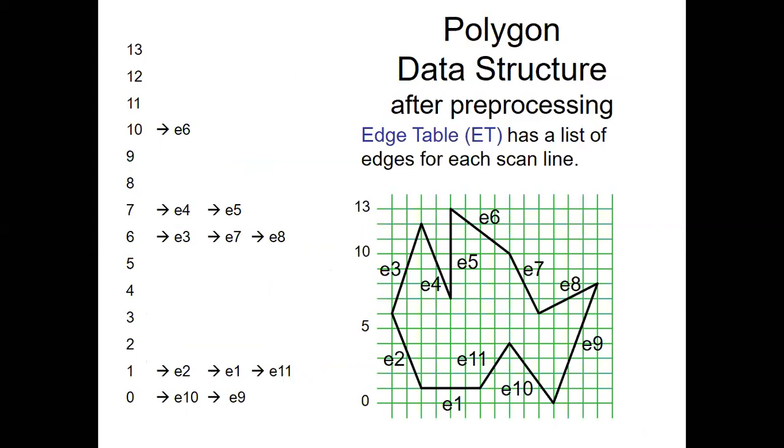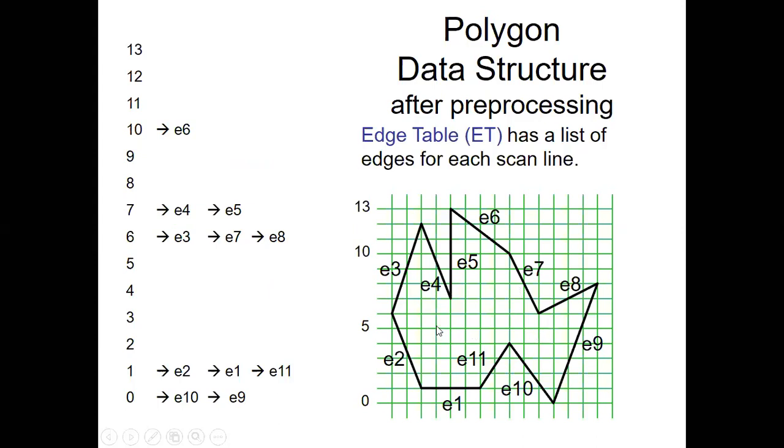Now, if you look at this polygon, you can see there is a horizontal edge called E1, so we should be deleting this. There is a lower hemisphere E2 and upper hemisphere E3, so we should chop the lowest pixel and go up to this particular 6th point. Similarly, we should do this for all the other edges also.